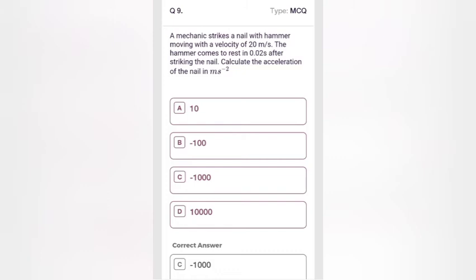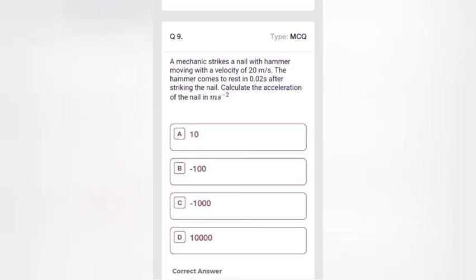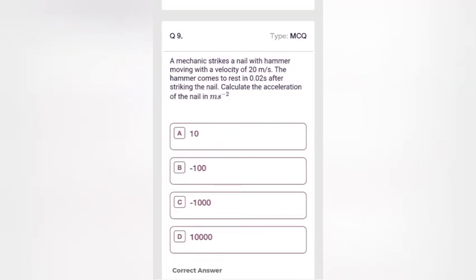The hammer is coming to rest, that means the velocity of the hammer is decreasing. So the acceleration must be negative. So the answer must be either minus 100 or minus 1000. We will see which is the correct answer.